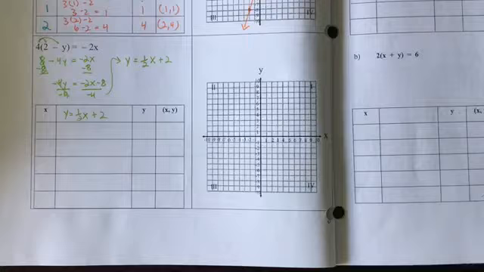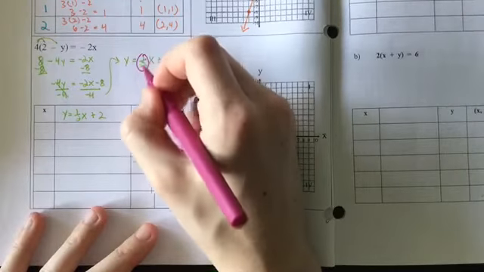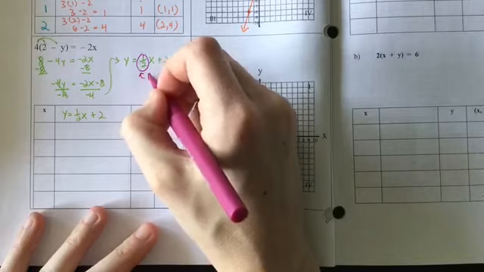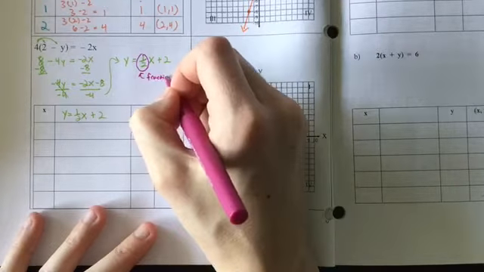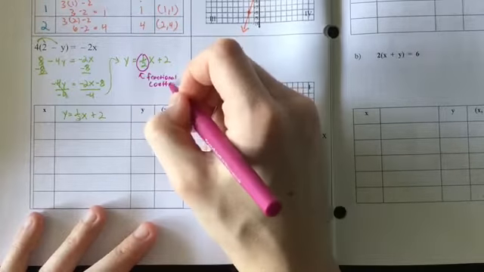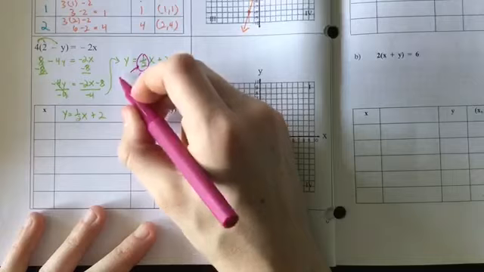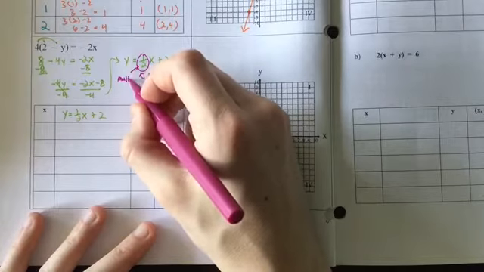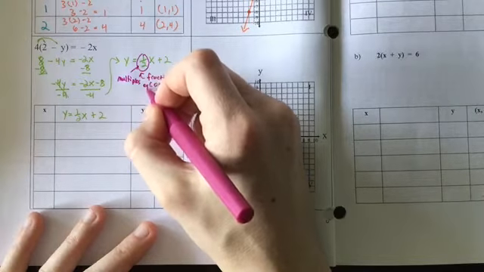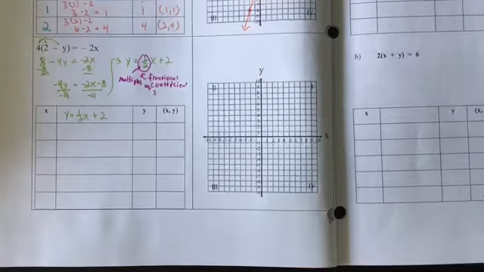Now here's where we have that example where we have that fractional coefficient. Okay, so when we have that fractional coefficient, we're going to choose x values that are multiples of the denominator, so multiples of 2. Because it's 1/2. If it was 1/3, we'd talk about multiples of 3.